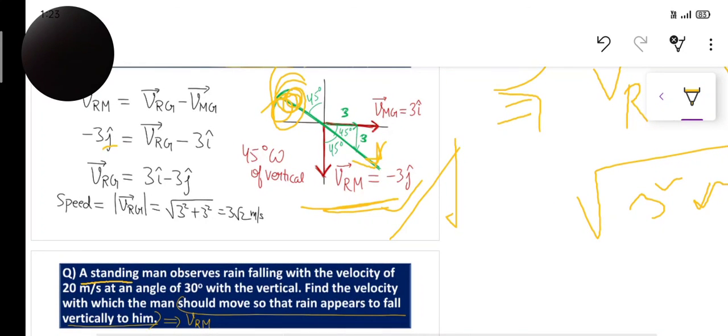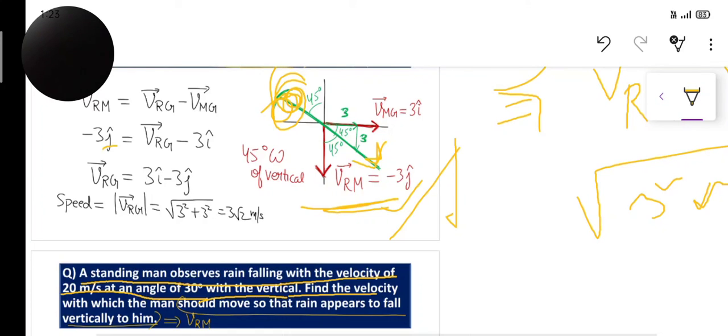Now, a standing man observes rain falling with a velocity of 20 meter per second at an angle of 30 degrees with the vertical.